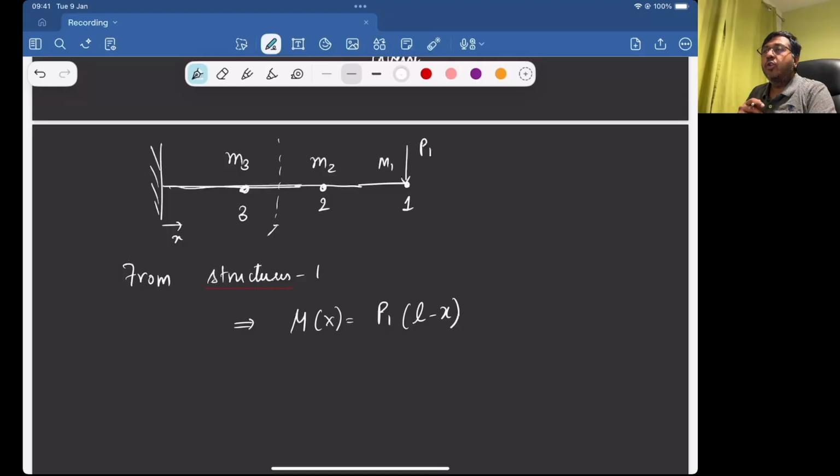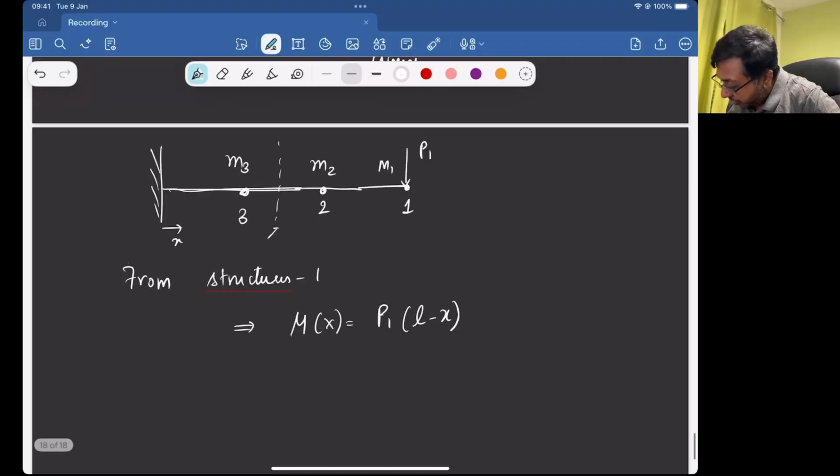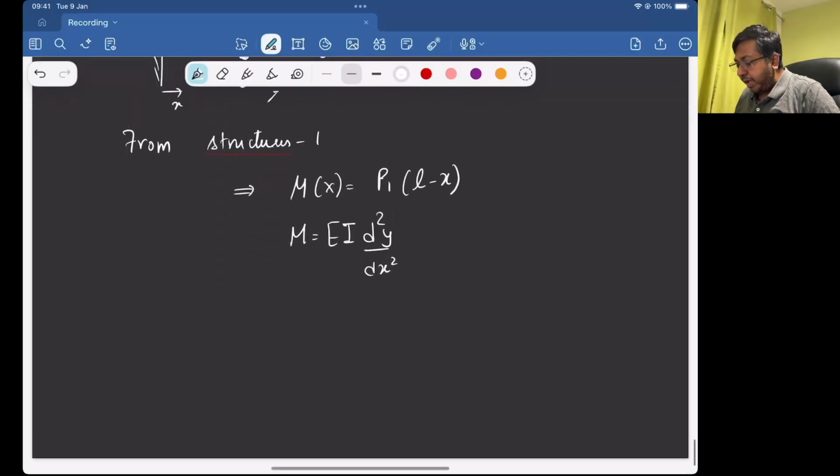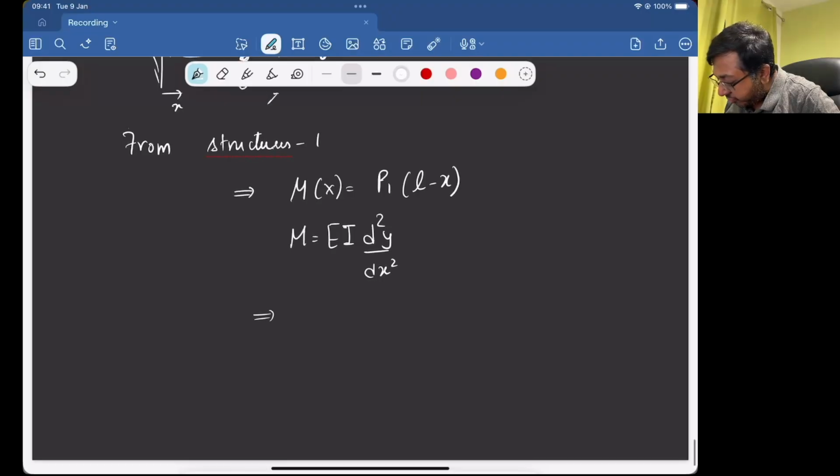Also, I know from Structures 1 that M is E into I into d square y by dx square. That means my deflection y for this scenario is given as P1 by EI into (Lx square by 2 minus x cube by 6).